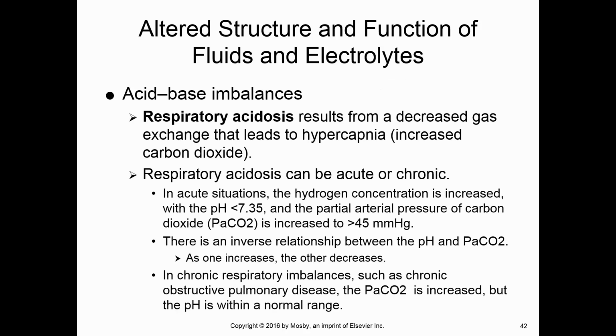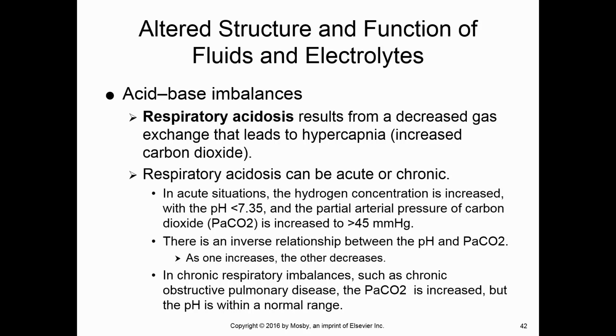All right, so respiratory acidosis. We're retaining too much CO2, all right? When we have too much CO2 in our system, that's called hypercapnia. Carbon dioxide is an acid, and so it causes our acid levels to rise, so that is a respiratory acidosis, okay?